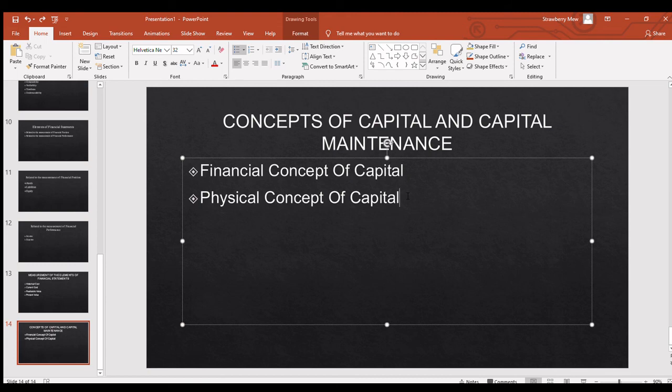Okay, so, for example, ang isang business is nakakagawa ng 5,000 books per month, right? At the beginning of the year, the business can generate 5,000 books per month. If at the end of the year, it can produce 6,000 books per month, it is considered a profit under the physical concept of capital.